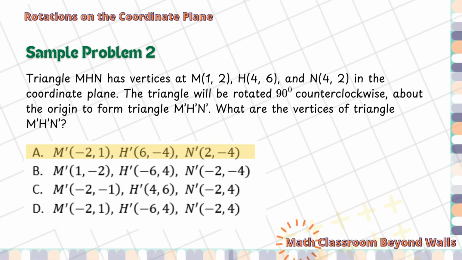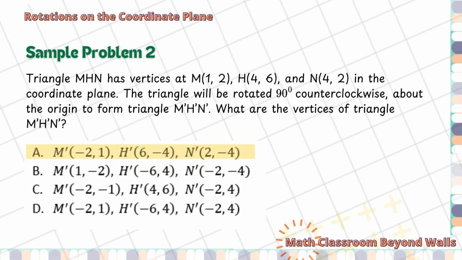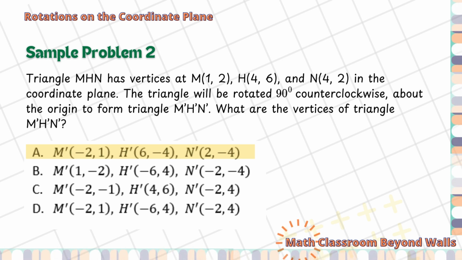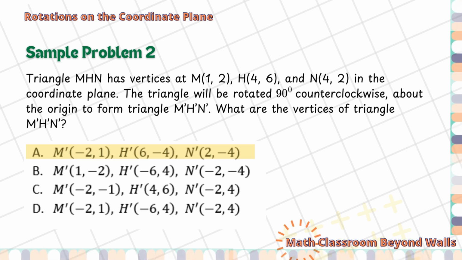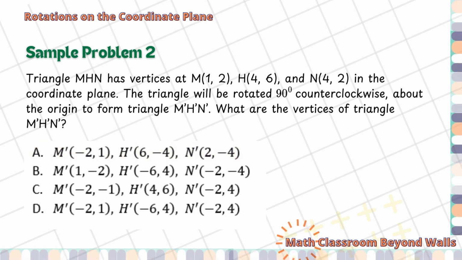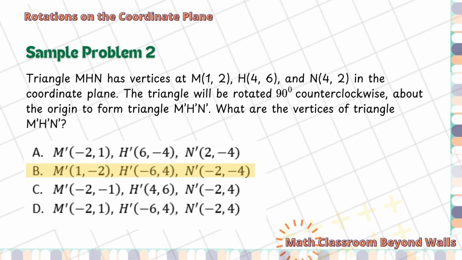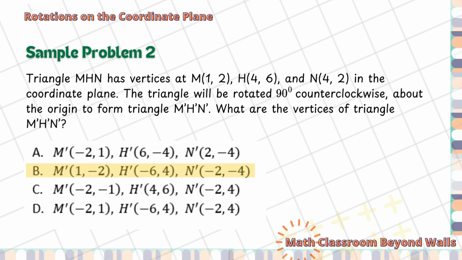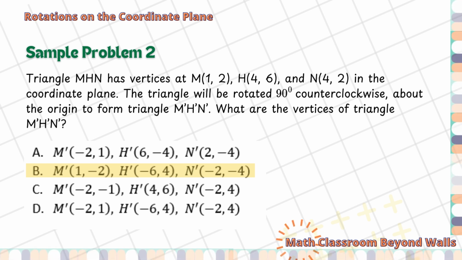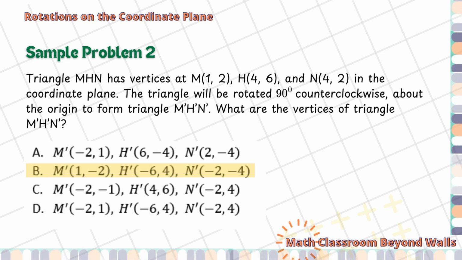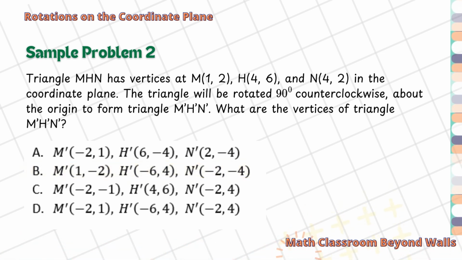Option A, M prime is (-2, 1), H prime is (6, -4), N prime is (2, -4). Option B, M prime is (1, -2), H prime is (-6, 4), N prime is (-2, -4).